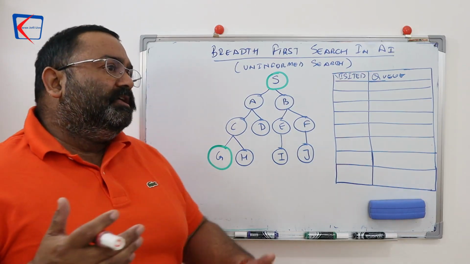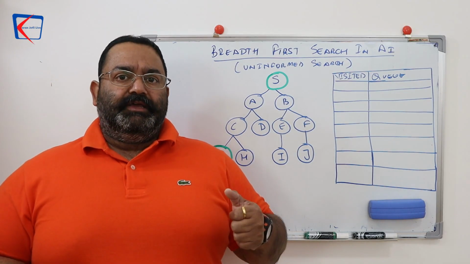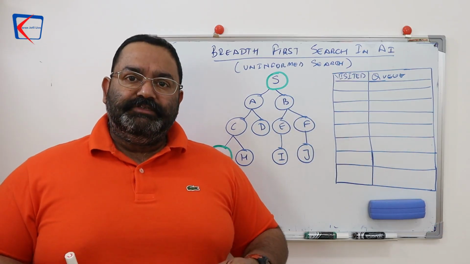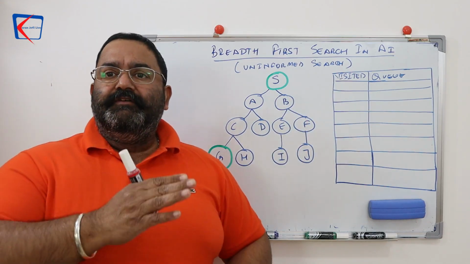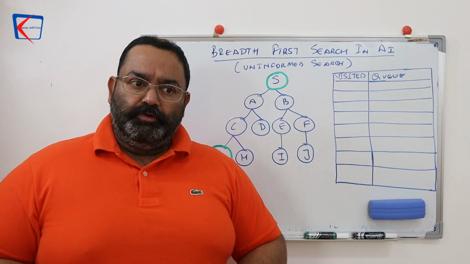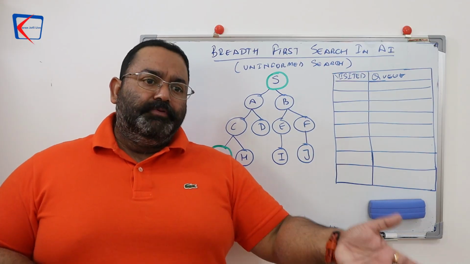This technique is not very optimal, because we do not have any information which can guide our search process. We have to traverse each and every node looking for the goal. That's why we also call it brute force.